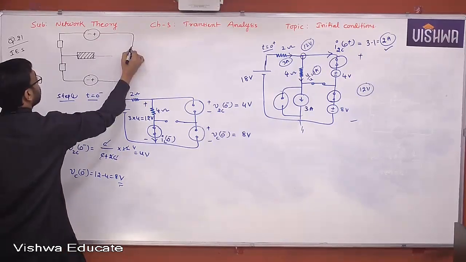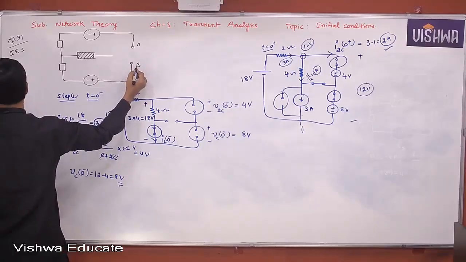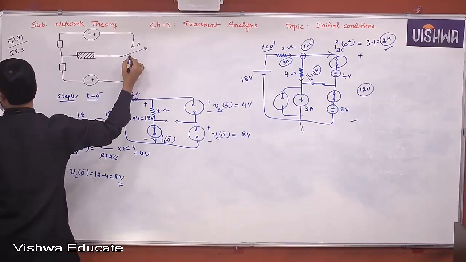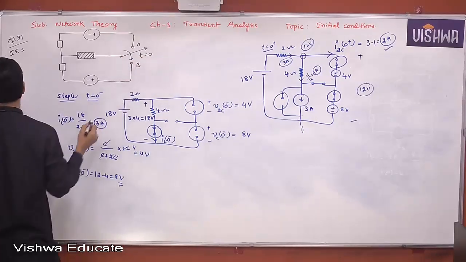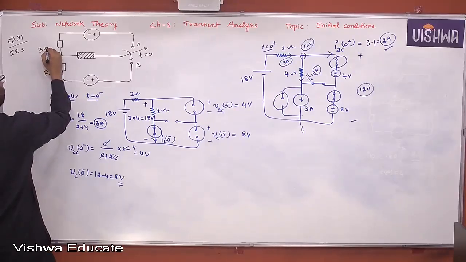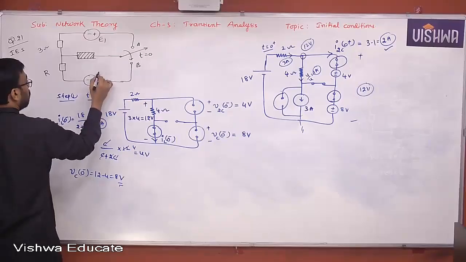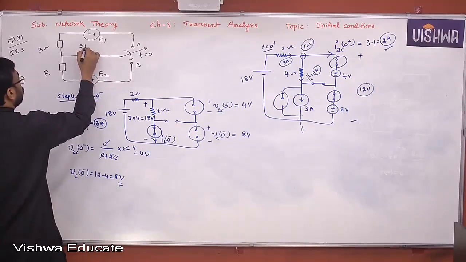Okay, so this is A, this is B, t equal to 0, 3 ohm, E1, E2, 2 Henry.